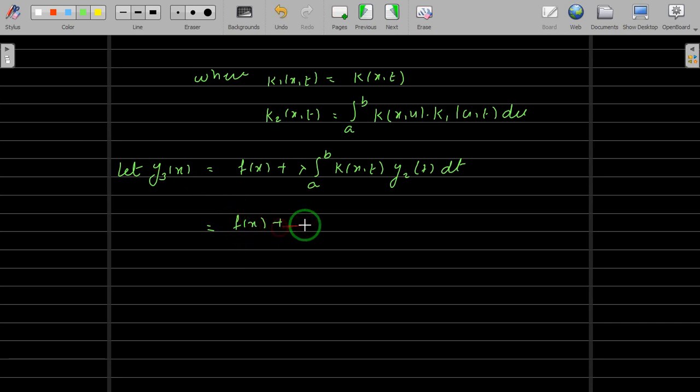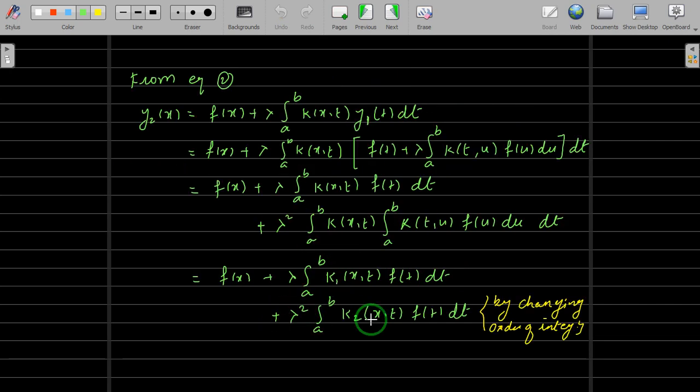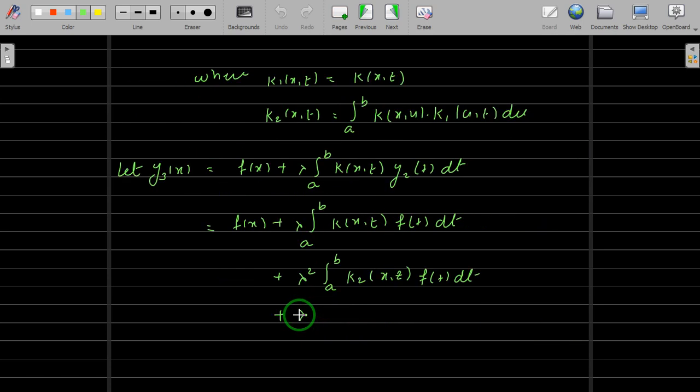f(x) plus lambda integral a to b k(x,t) f(t) dt plus lambda square integral a to b k2(x,t) f(t) dt plus, again there is lambda square, and again you are multiplying lambda, so lambda cube, third term, integral a to b k3(x,t) f(t) dt.